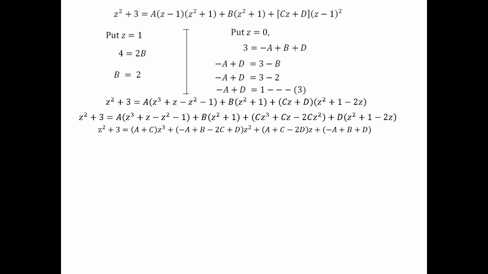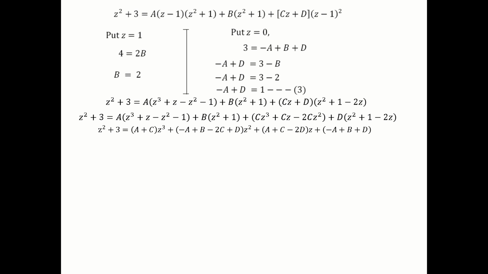Now comparing the coefficients on the right hand side and left hand side. First z cube, there is no z cube on the left hand side, therefore A plus C equal to 0, fourth equation. Now comparing the coefficient of z, there is no z on the left hand side, therefore A plus C minus 2D is equal to 0.